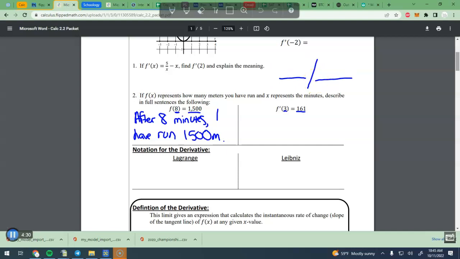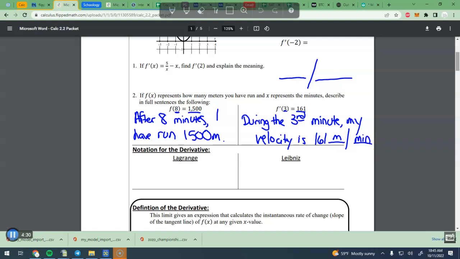So what this means is specifically when x equals 3, on the exact third minute, my velocity or my rate is 161, and I have to look at the units. They're giving me meters and minutes, so it'll be 161 meters per minute.